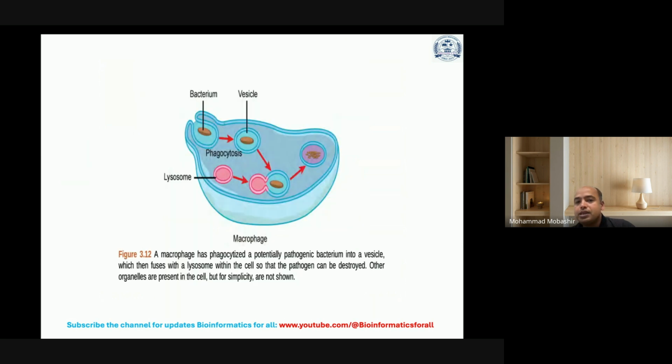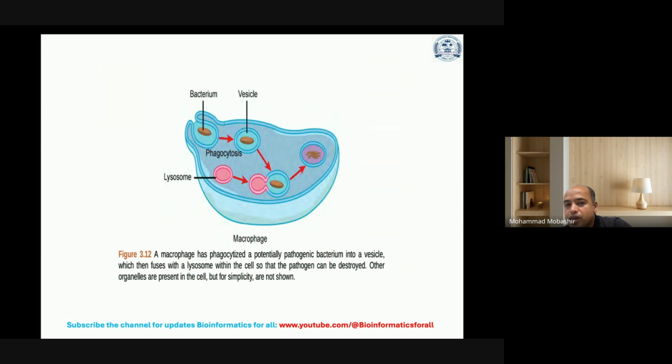Now, there is another cell which is showing the real role of the lysosome, and it is also one of those cells which works very similarly to the lysosome, and it is very famous for saving humans from different kinds of infections.